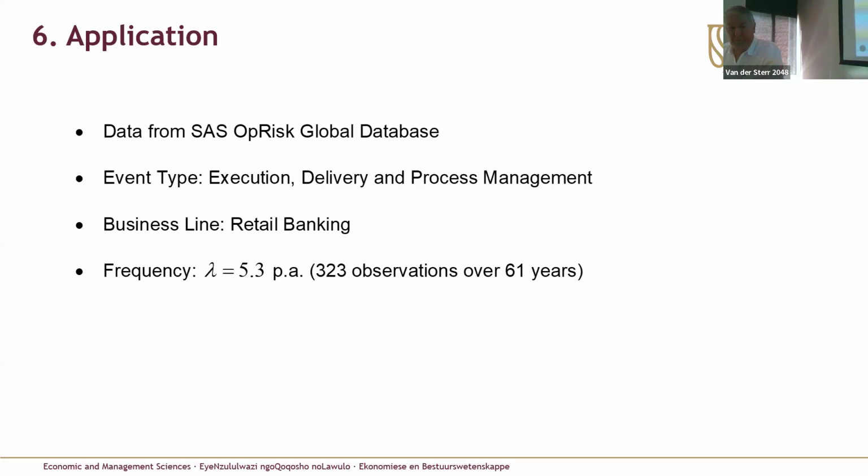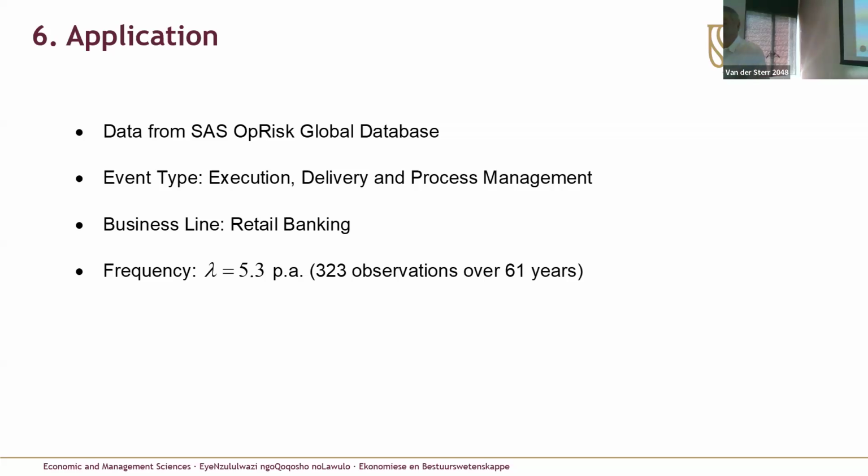In the application, and this is very much my colleagues in Potchefstroom that did that, but I'll talk on behalf of them. They used data from the SAS database. SAS has a database of operational risk that they gather from all over the world, and it's available.